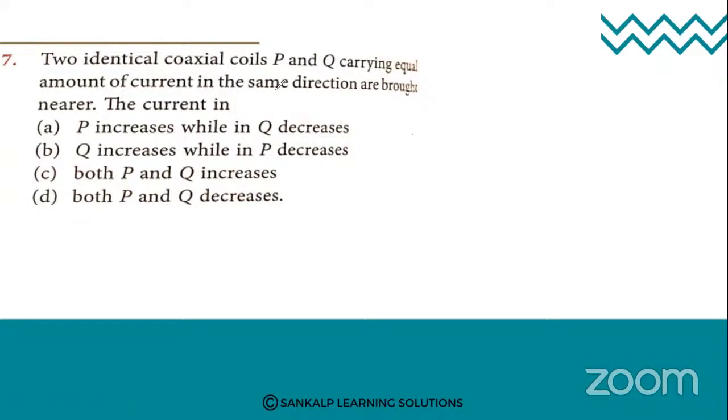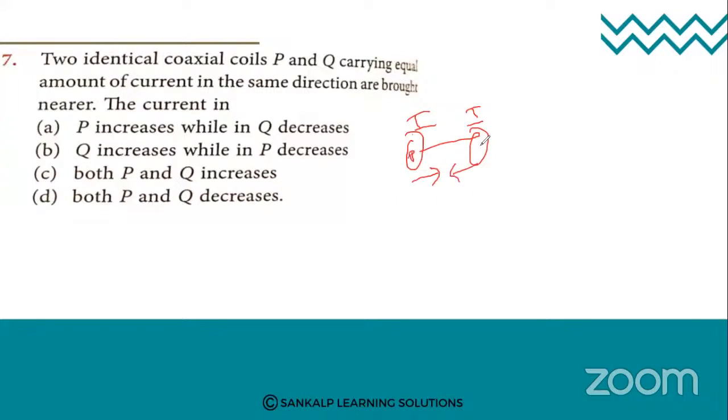Two identical coaxial coils P and Q carrying equal amount of current. So you have two coaxial coils carrying equal amount of current, so the current is the same in both. In the same direction, are brought nearer.